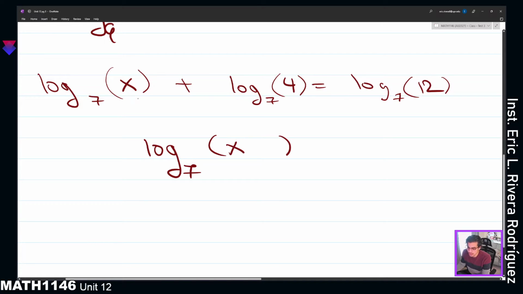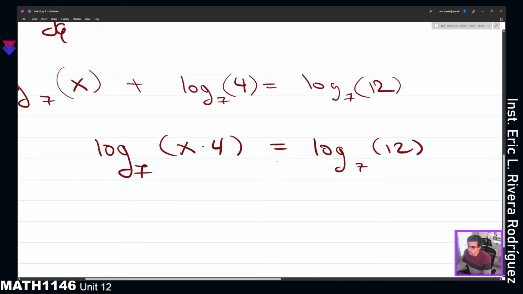Here it doesn't matter the order because both are positive. We just take the arguments and put them into a multiplication, x times 4. This is equal to log base 7 of 12.